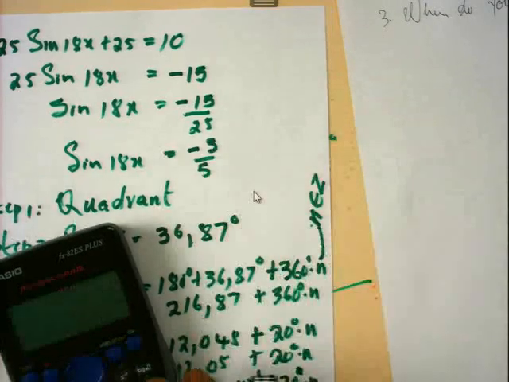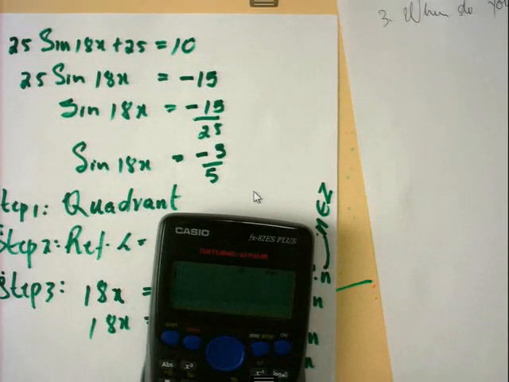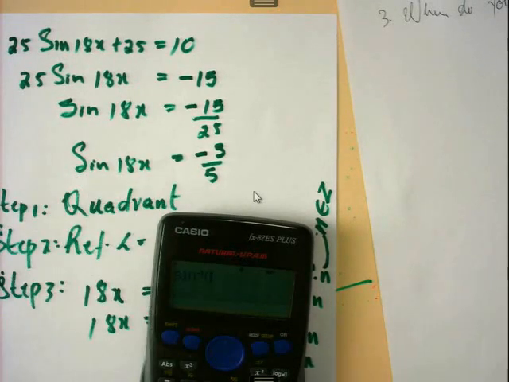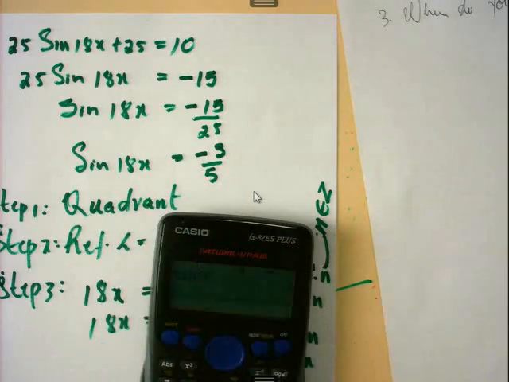To find the reference angle of that, let me switch my calculator on. We press shift or the second function. We are working with sine, so that will be the arc sine. The Casio is so nice to open the bracket for me, and it has the fraction as well.